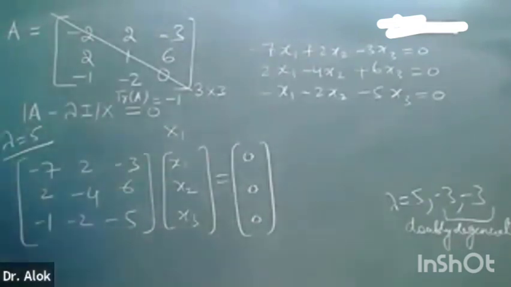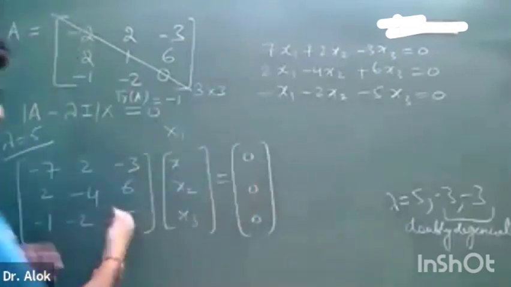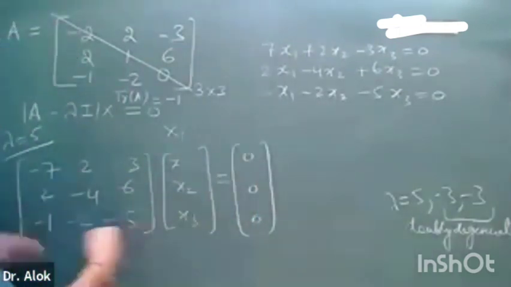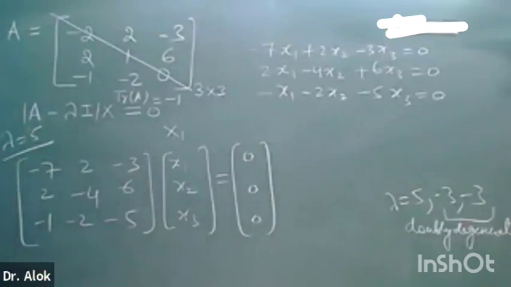And if you want, before going here, you can make elementary row transformations to reduce this to very simple values.